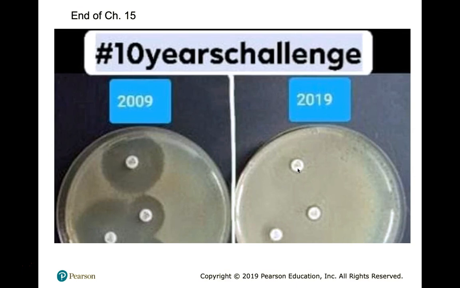We want to follow the prescriptions and make sure we don't misuse them, because we're doing ourselves a disservice as well as other people. Resistant strains of other pathogens appear, and maybe our body can fight them off pretty well, or at least moderately well, but some other people's bodies, if they're immunocompromised, can't. So it does rely on us to make sure we're using antibiotics properly to avoid this resistance.